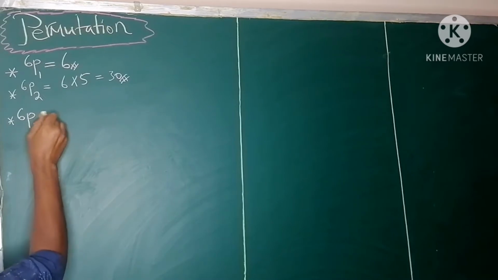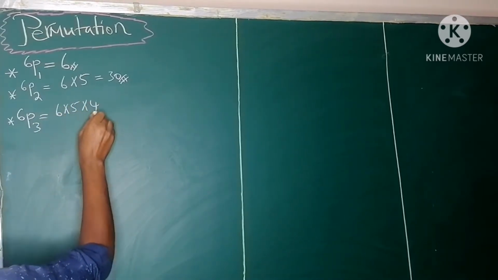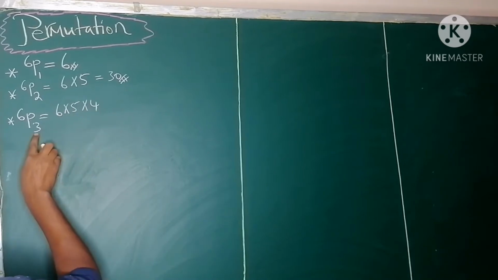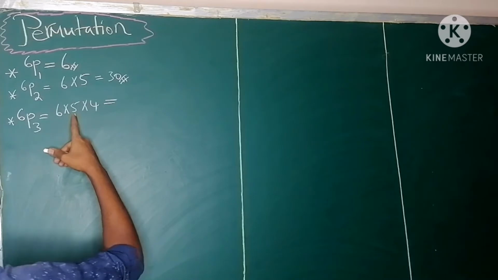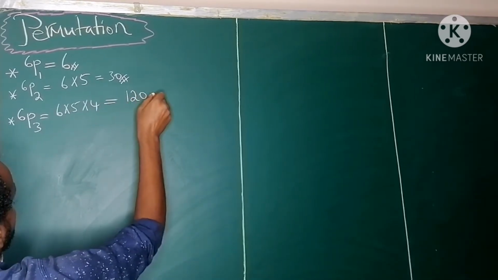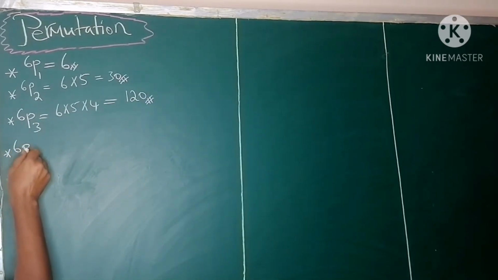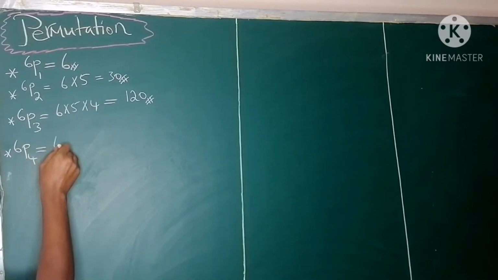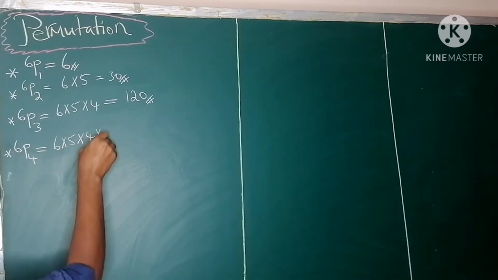6P3 equals 6 times 5 times 4. How many factors? 3 factors. 6 times 5 is 30, times 4 is 120. 6P4 is 6 times 5 times 4 times 3.